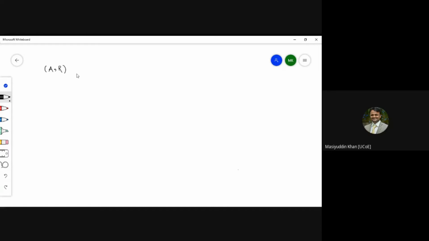Now, moving ahead with the next part of our syllabus, the definitions which we have to learn. I already told you many times that many definitions will be asked in examinations.